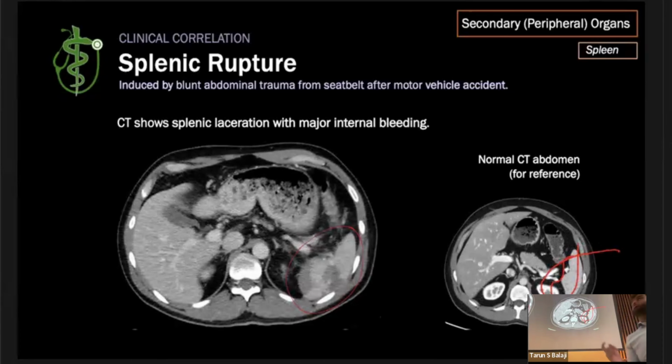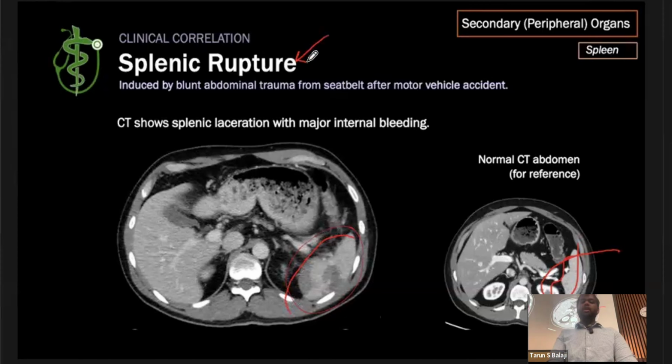Yeah, that's what I'm expecting to see. But right over here, do we see well-defined borders? No. That's essentially because remember the thick fibrous capsule that's keeping all the pulp in? Well, that capsule is being lacerated. And if the degree of laceration is a little too much, we can get a condition called a splenic rupture.